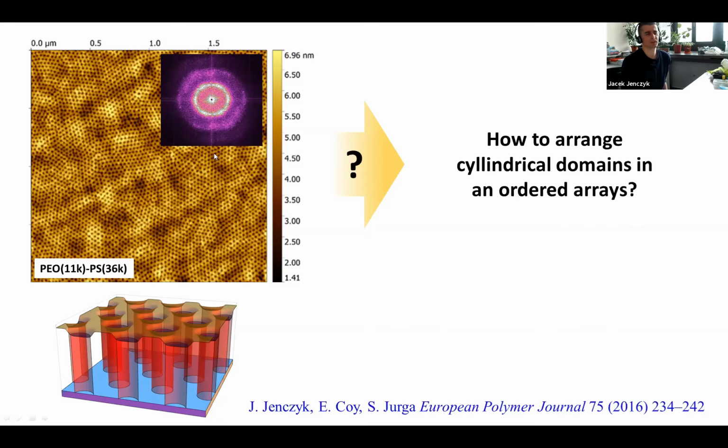However, that's the feature which I mentioned before, that on the large scale, macroscopically, this arrangement is rather distorted. So instead of having this quasi-crystalline long-range arrangement, we observe this organization on the local scale.